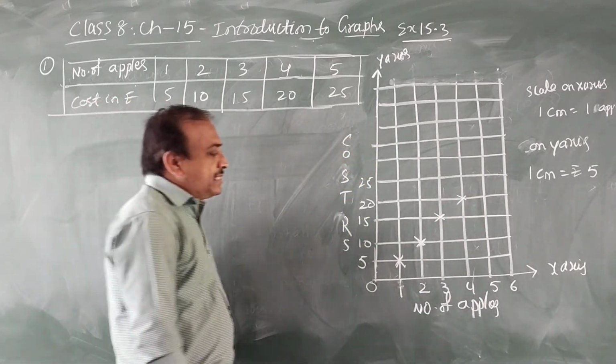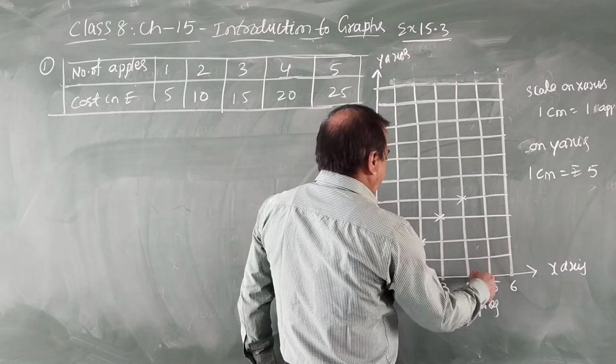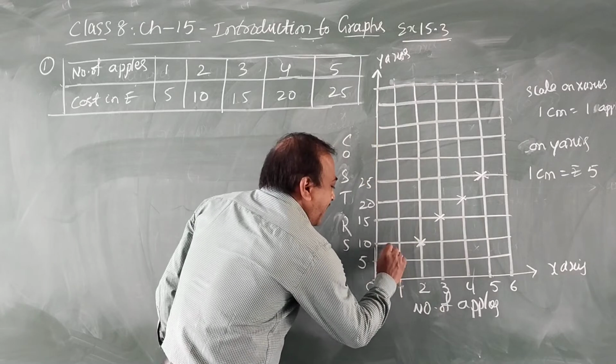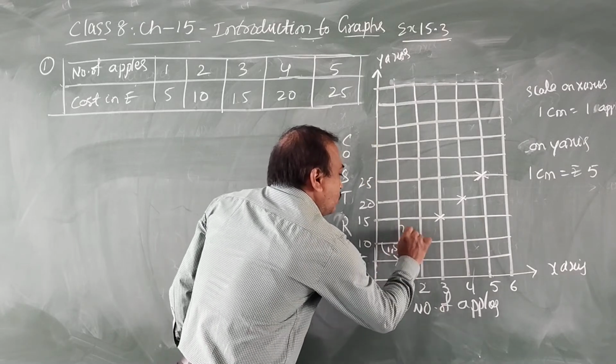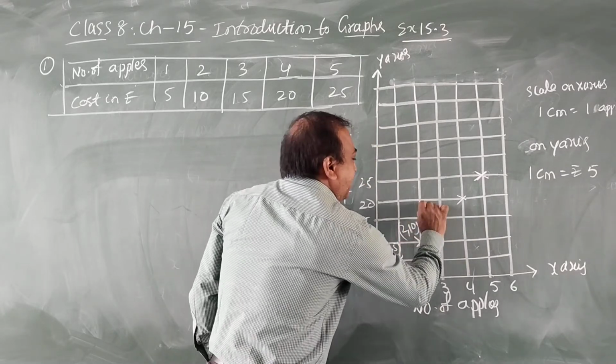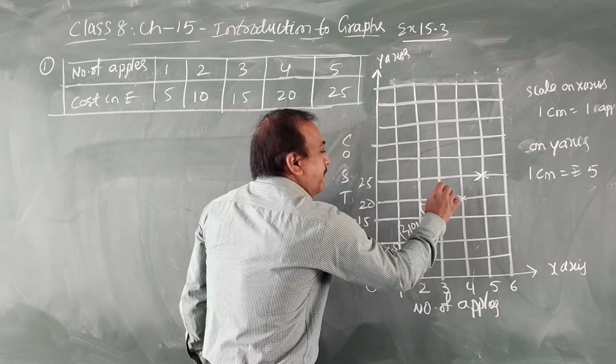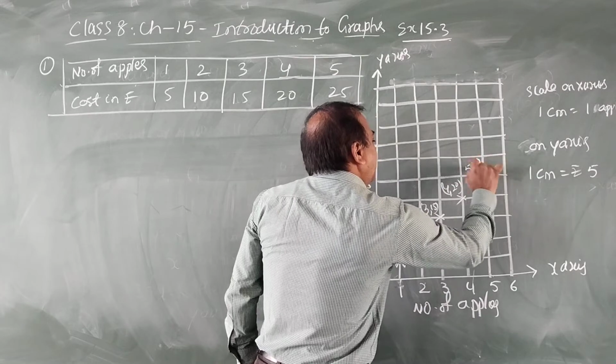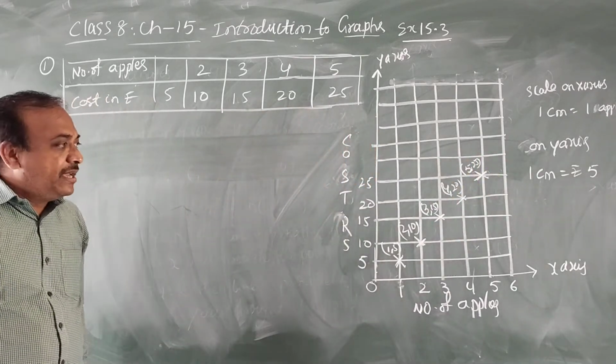Then 5 apples, 25 rupees: (5, 25). So this is (1, 5), this is (2, 10), this point is (3, 15), (4, 20), (5, 25). These are the points we got.